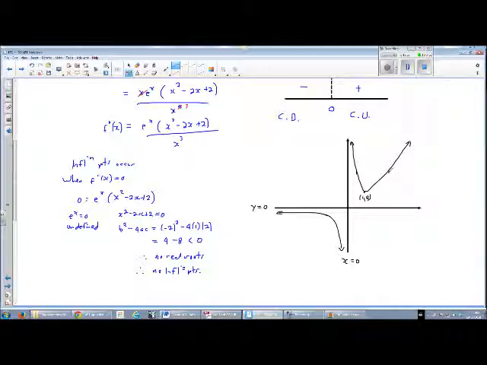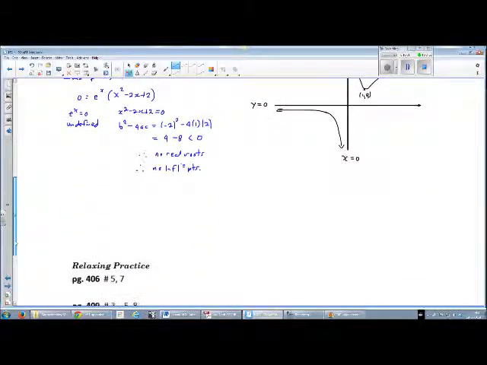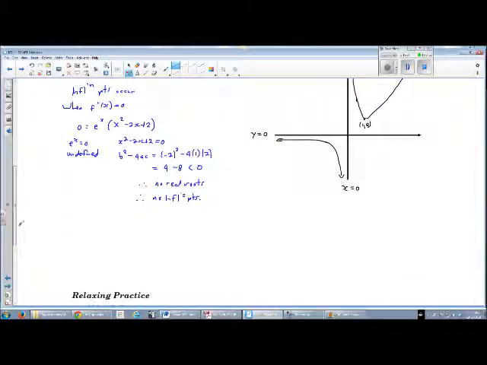Okay, and then just the last little bit, the equation of the tangent when x equals -1. So we know that, what part is this? Part E. So for a tangent, we know it's linear, so that means we need the gradient and a point. So I'll take the gradient function, substitute in x equals -1, and then calculate the gradient.